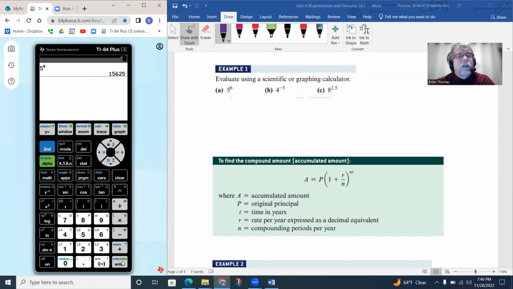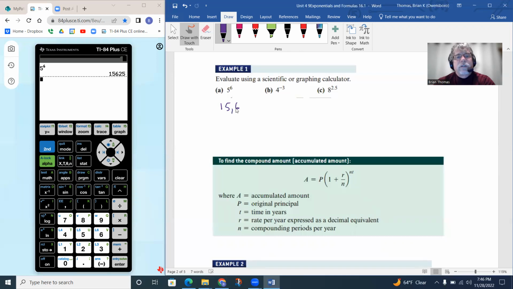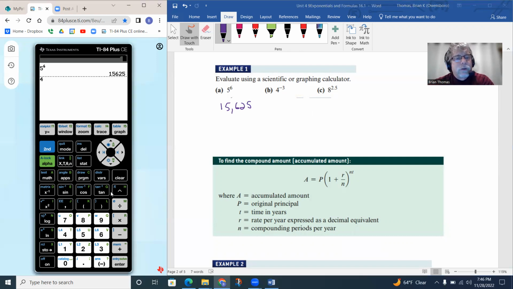If I hit enter, that would actually be 15,625. It doesn't look like much, but 5 to the 6th power becomes a really large number in a hurry. 4 to the -3rd, if I do 4 raised to the -3, notice how that becomes a really small number.